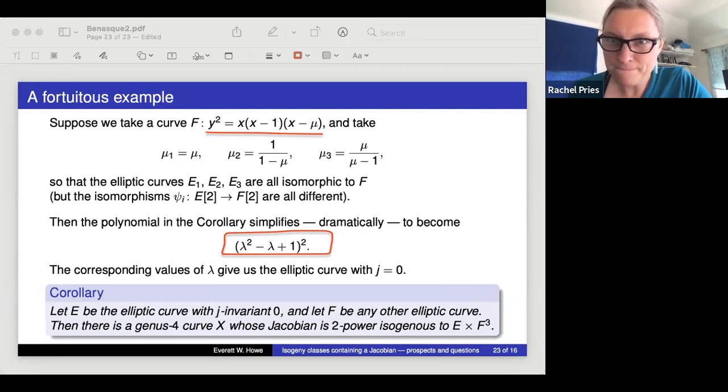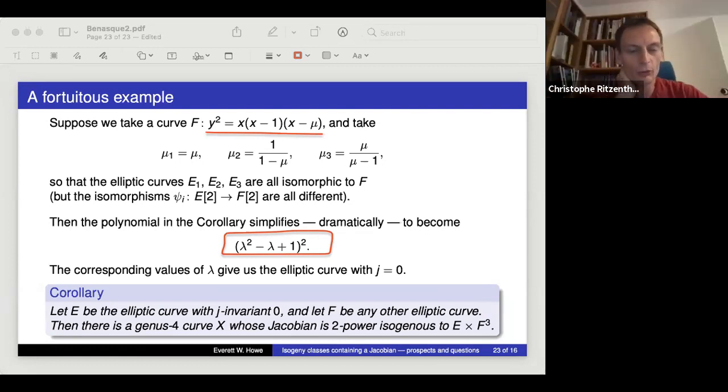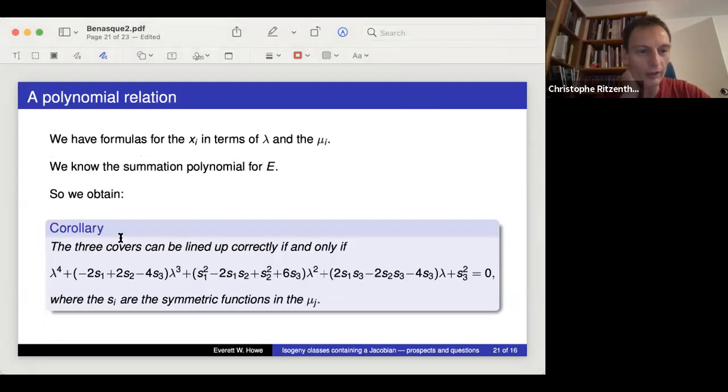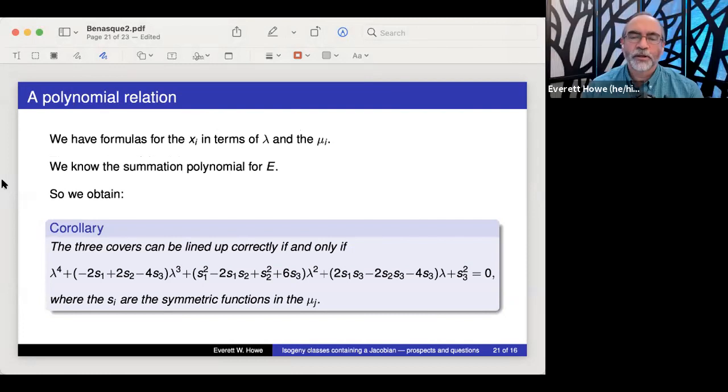Christoph. Your equation in terms of mu and lambda, how many variables do you have at the end? You have like four. Four variables.